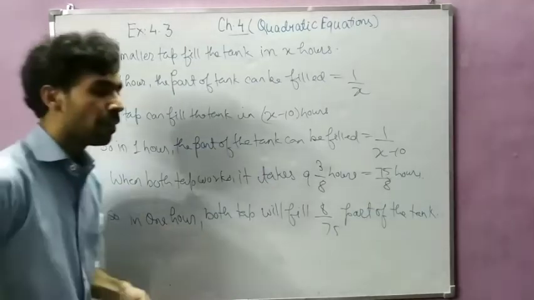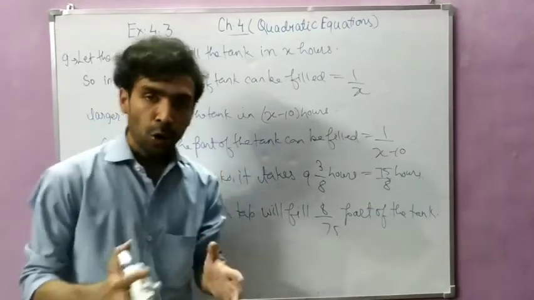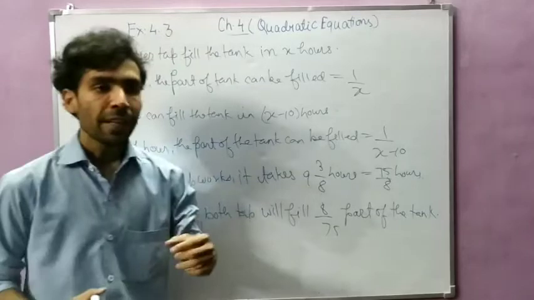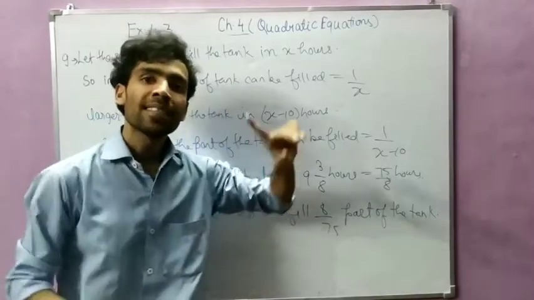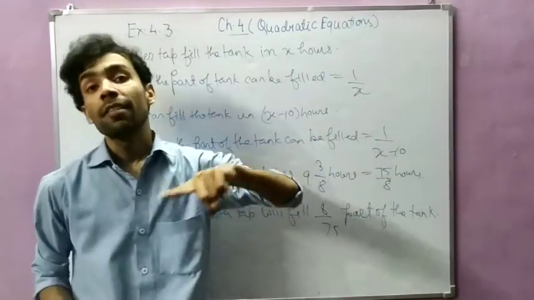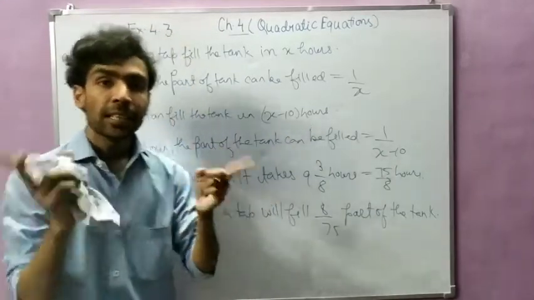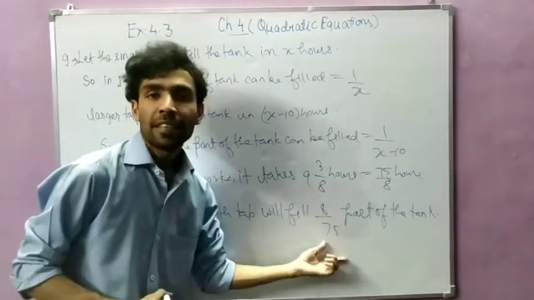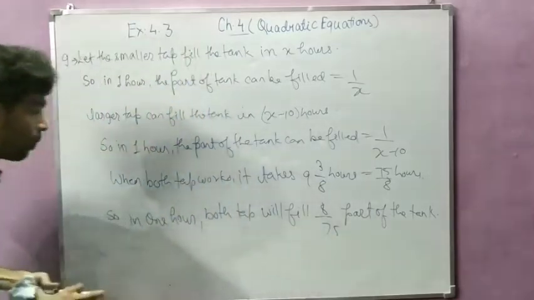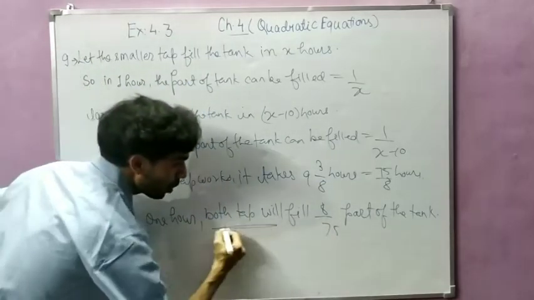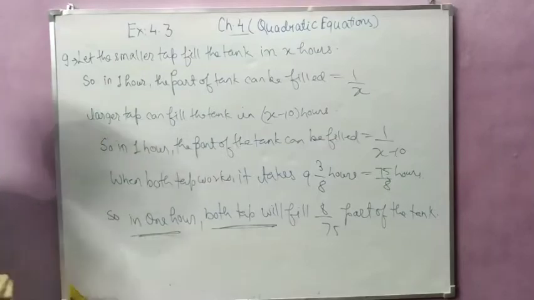After that, because both taps are working, we will add the 1 hour work of the smaller tap and the 1 hour work of the larger tap, and when both are added, that much will be equal to 8 by 75. Why 8 by 75? Because it is the work of both taps in 1 hour.